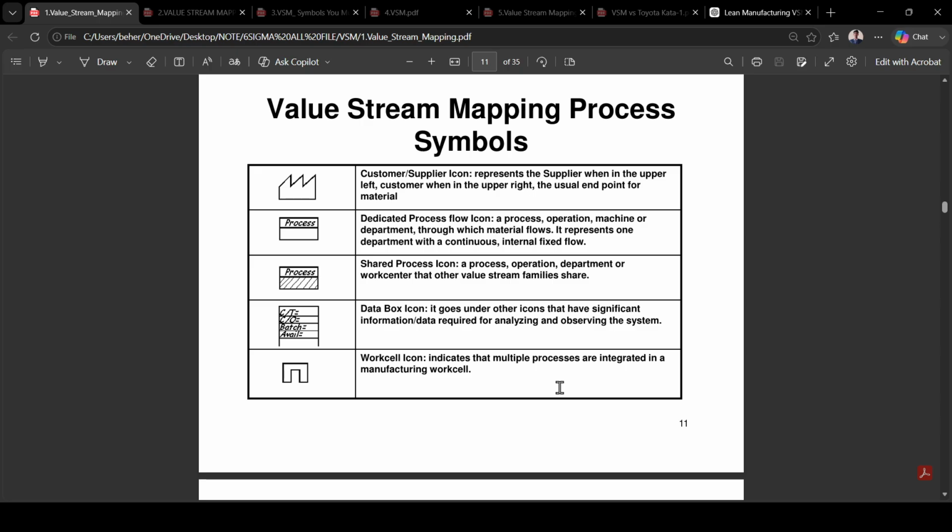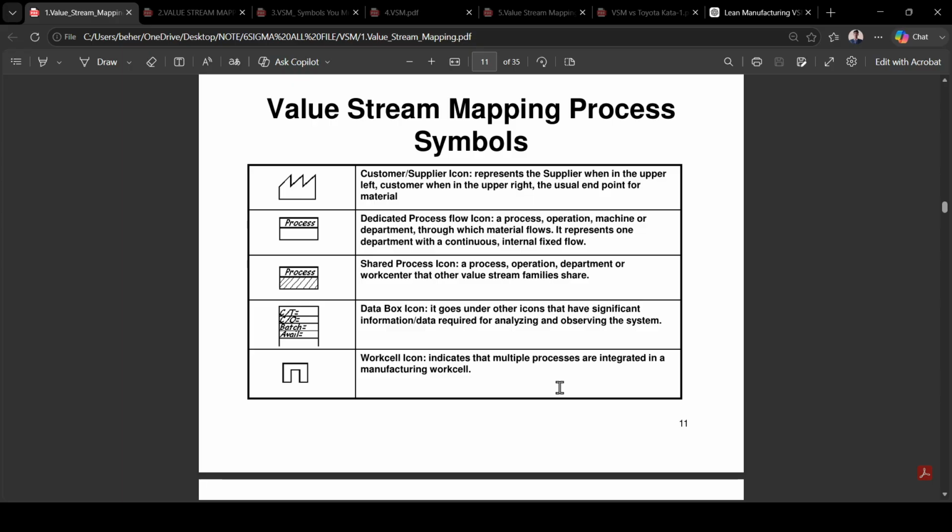Now the value stream mapping process symbols. See that image, then you can understand the symbols. The first symbol is the customer or supplier icon. It represents the supplier when in the upper left, and the customer when in the lower left, the usual endpoint.